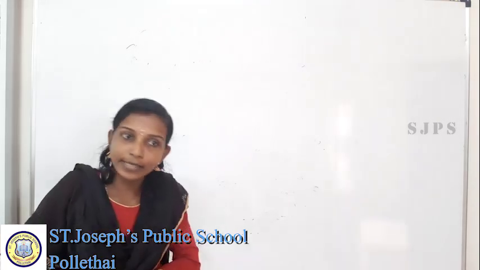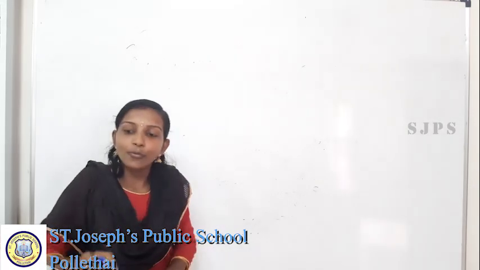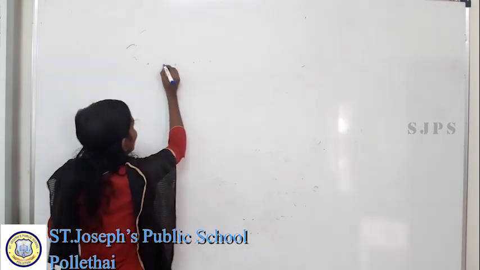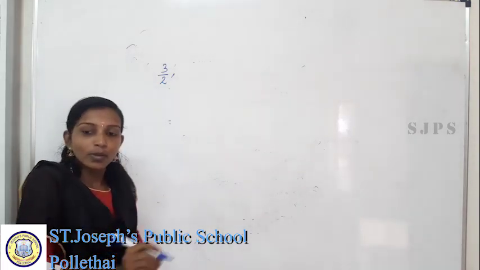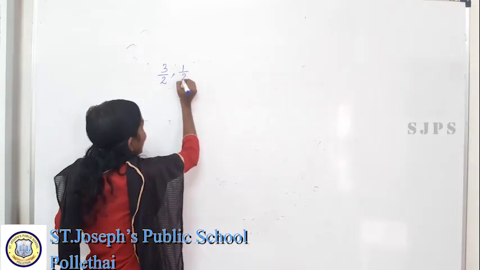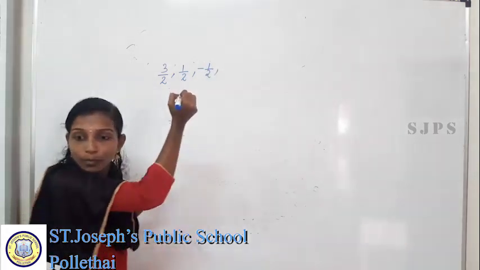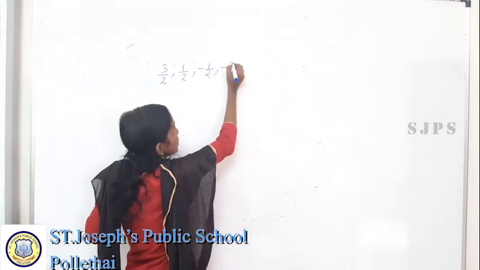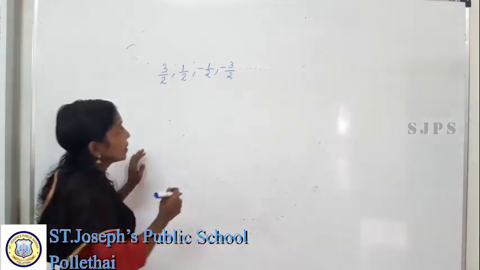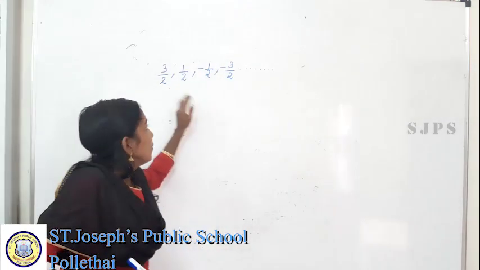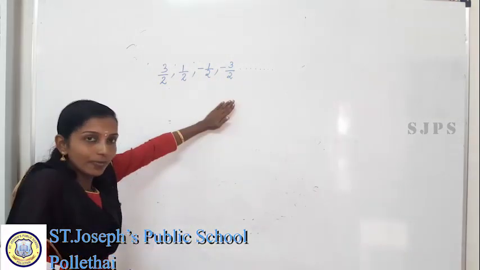Okay, based on this section, we can do some problems. For an AP 3 by 2, 1 by 2, minus 1 by 2, minus 3 by 2, etc., we want to find the first term and common difference.